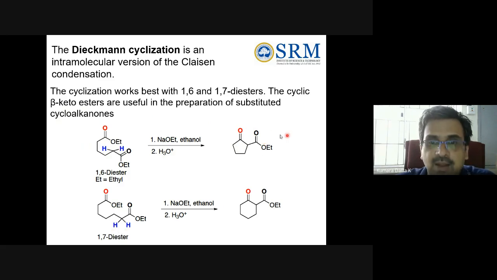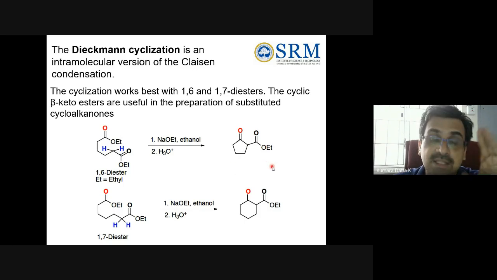Same way, these are beta keto esters. And if you take a 1,7 diester, we get a 6-membered ring. So we see cyclization. We have taken an aliphatic substance and we end up getting a cyclic one.